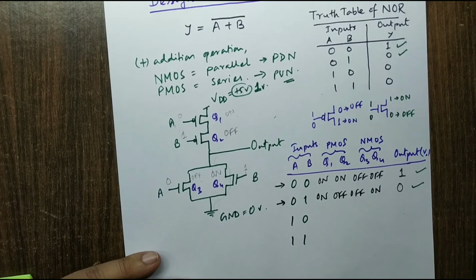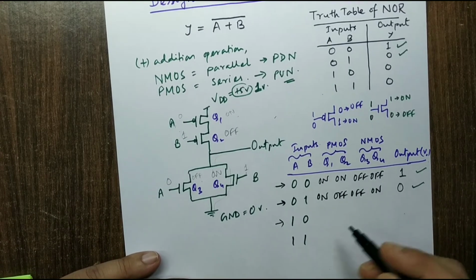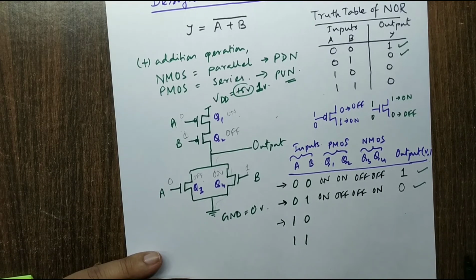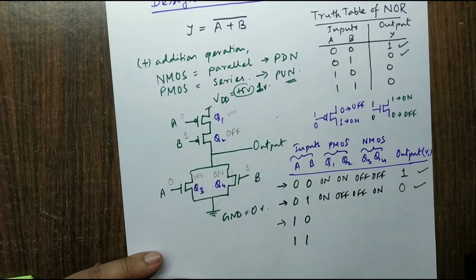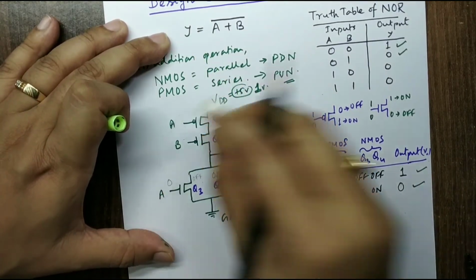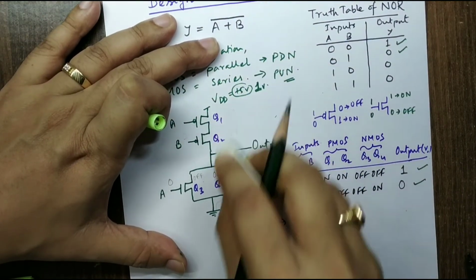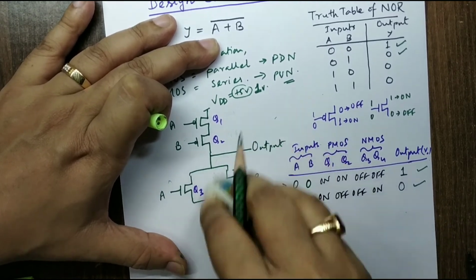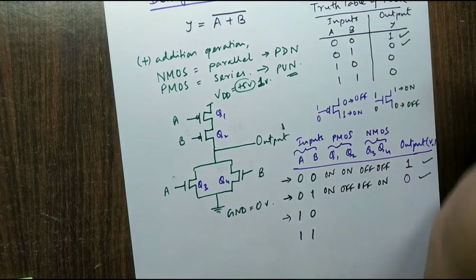Similarly for the 1 0 combination, it is the same thing. For 1 0 you can do it at home. If A is 1 and B is 0, it will be vice versa. Please check here.